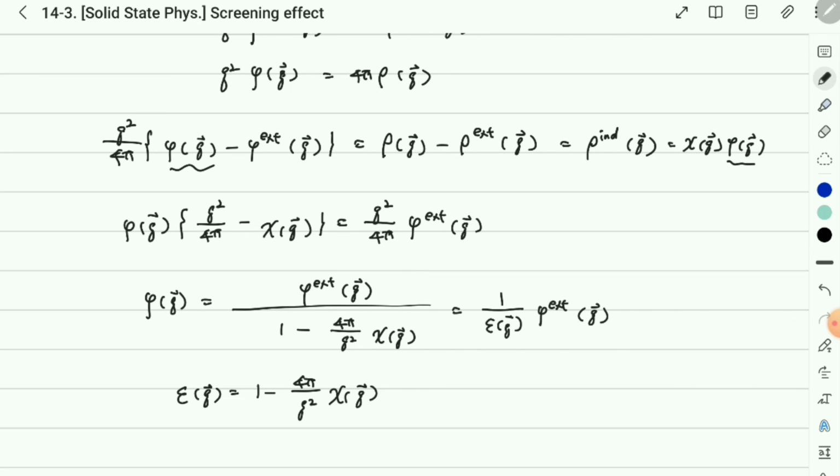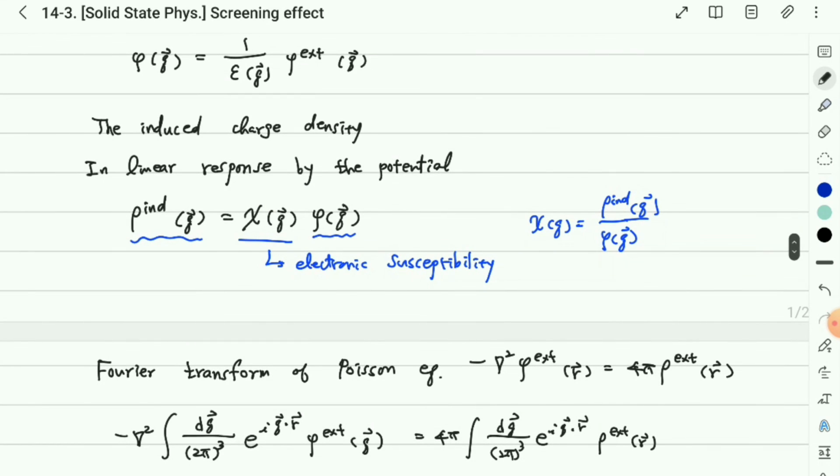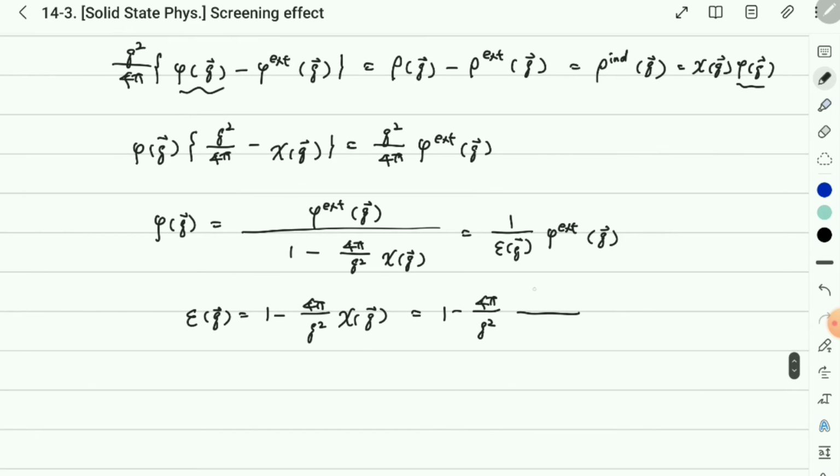This is a relationship between the electronic susceptibility and the dielectric function. Here chi q is the induced charge divided by the potential, the induced charge over the potential.